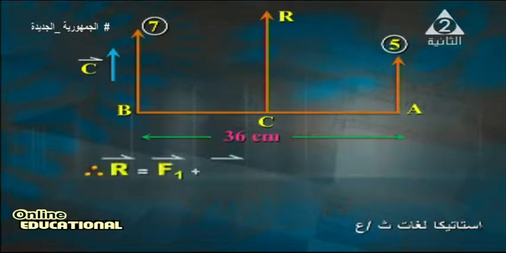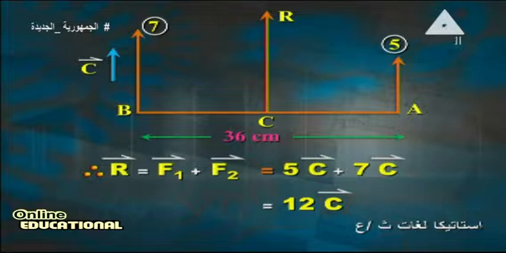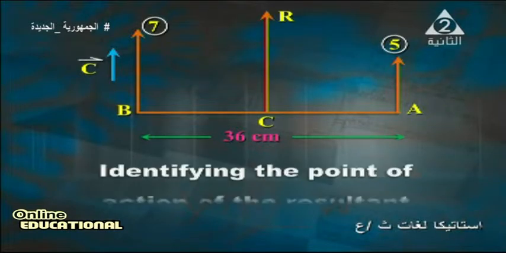Therefore, we deduce that the resultant vector R equals F1 plus F2. By summation, 5C vector plus 7C vector equals 12C vector. This is called the resultant of the two forces.